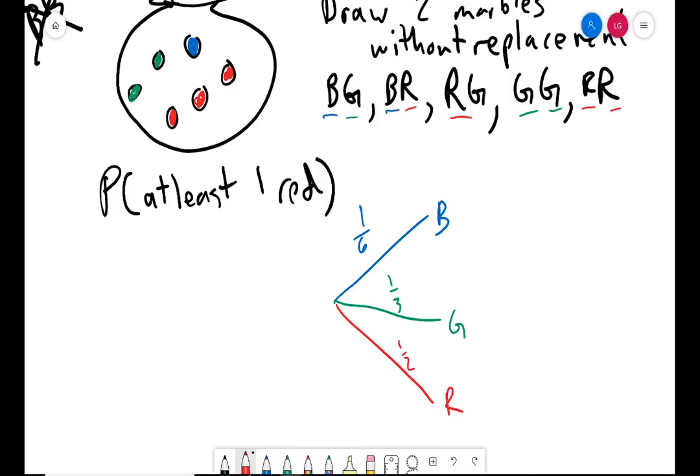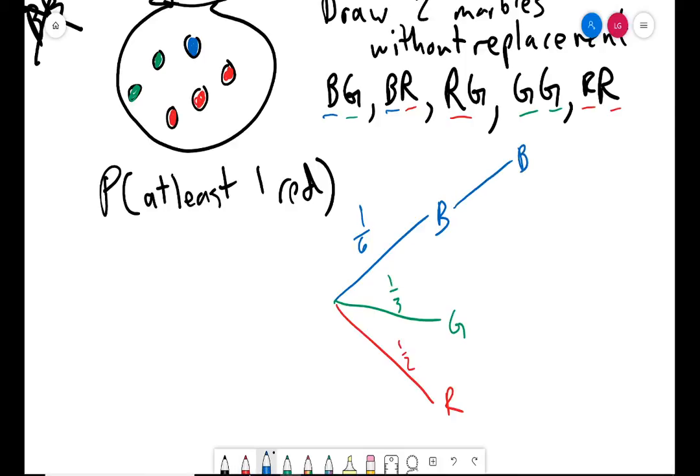Now the important thing here is that the act of drawing the first marble and the act of drawing the second marble, because there's no replacement, are not independent. They are dependent. The likelihood of drawing particular things in the second draw depends on what you've drawn in the first case.